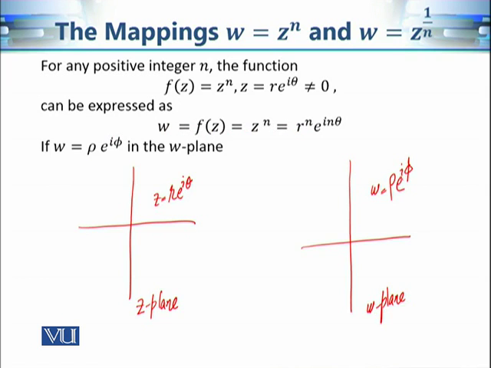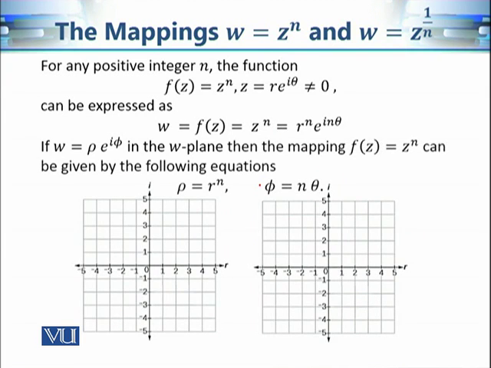So w is equal to rho e raised to power iota phi is equal to r raised to power n e raised to power iota n theta, and we can easily see that rho should be equal to r raised to power n and phi should be equal to n theta.